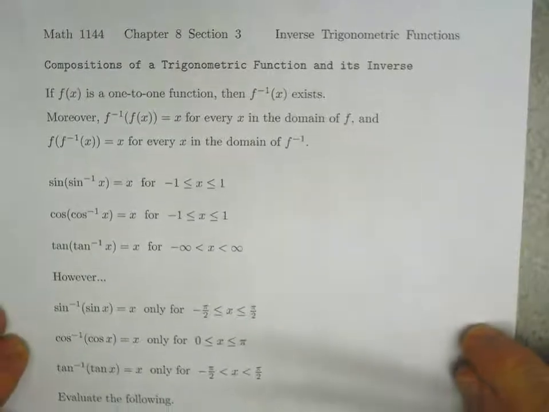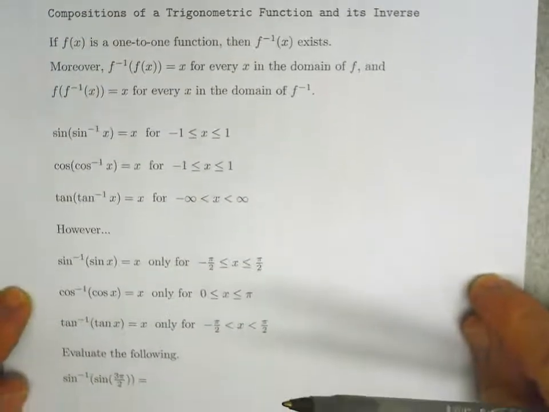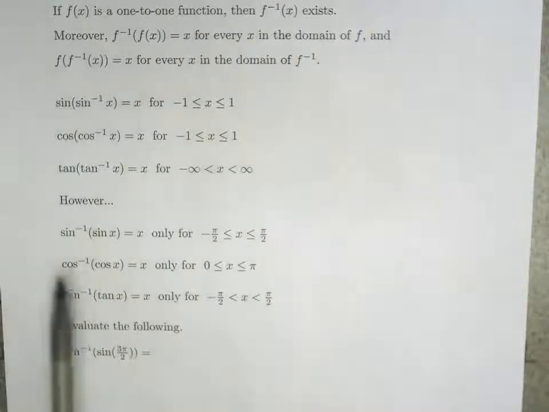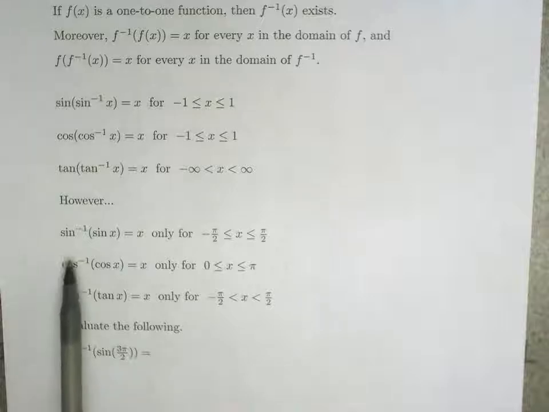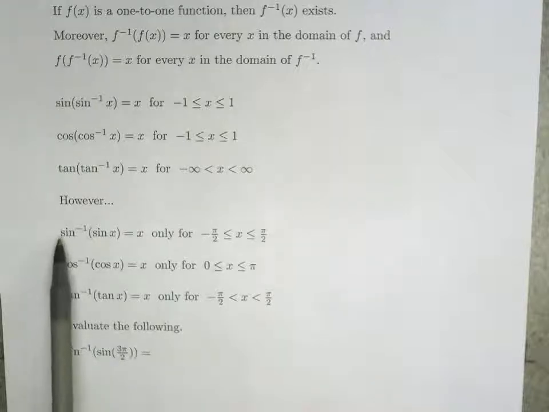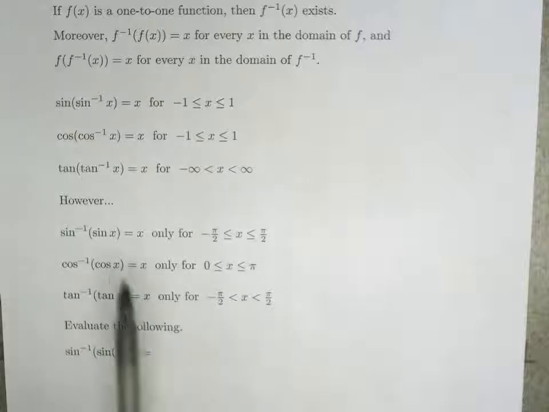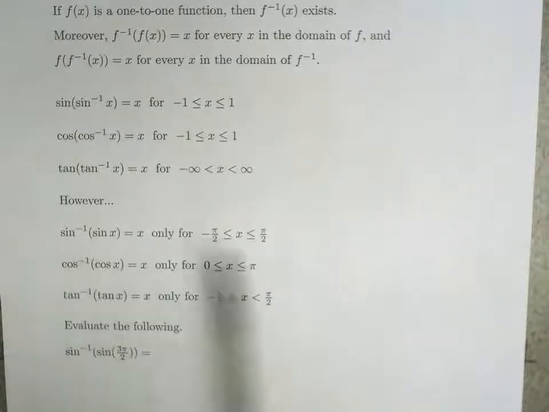Okay, but it gets trickier if we compose in the other direction. We have to be more careful. So if the outer function is an inverse sine or inverse cosine or inverse tangent, special care must be taken.